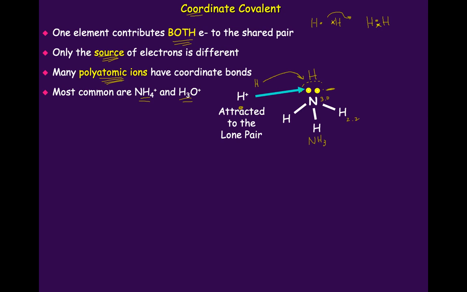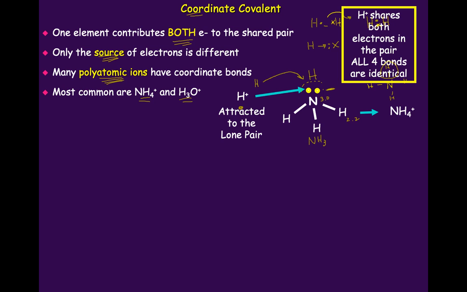Let's say you had one hydrogen with no electrons and element X that has two, you could take two electrons instead of being one and one. What that hydrogen will do is jump on top and form NH4 plus, and NH4 plus will now have a bond here, a bond here, a bond here, and a bond here, where this new bond was then formed.